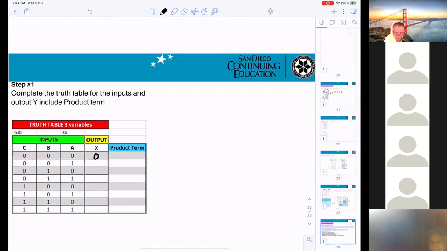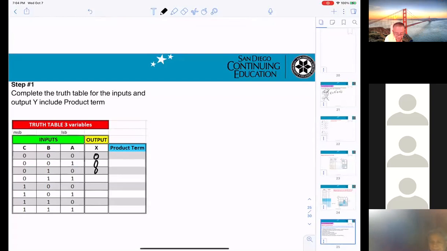And it's 0, 0, 0, 0, 1, 1, 0, 1, 1, 1, 1, 1. And they want the product terms. That means any output equal to 1. They want the product.